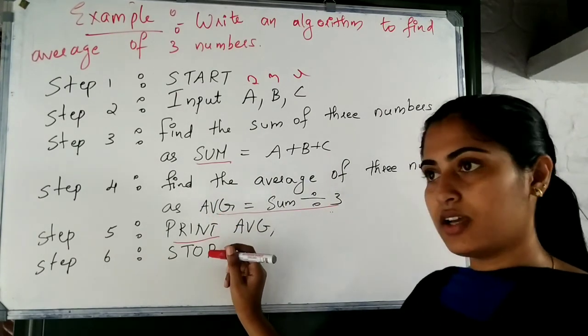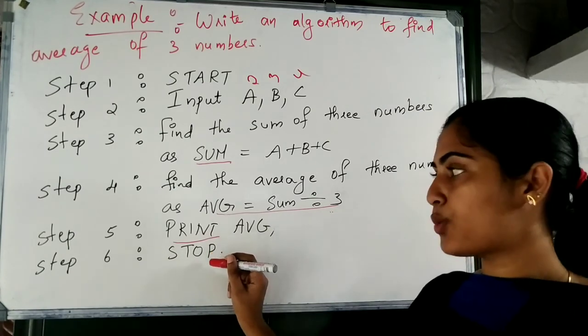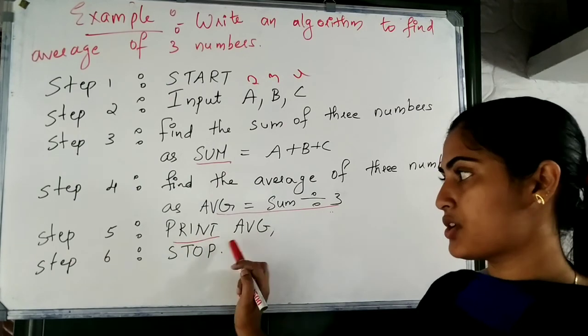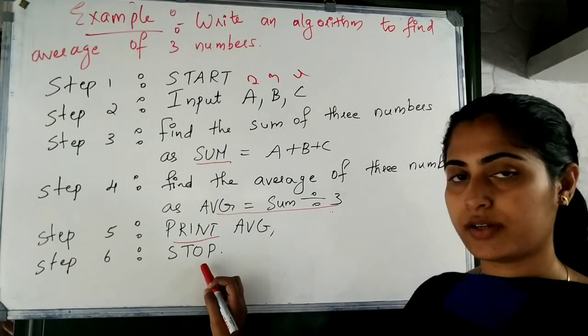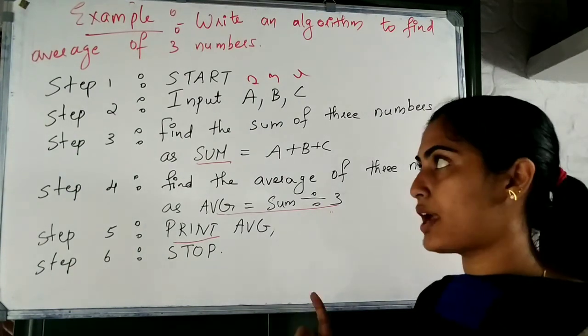After the processing you should get the output, and for that you use the word print: print average. The last step is the word stop for terminating the algorithm. This is how you write an algorithm.